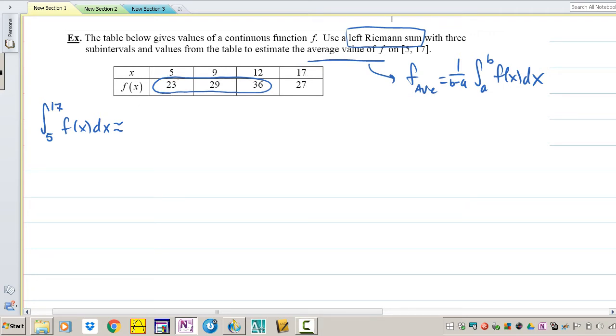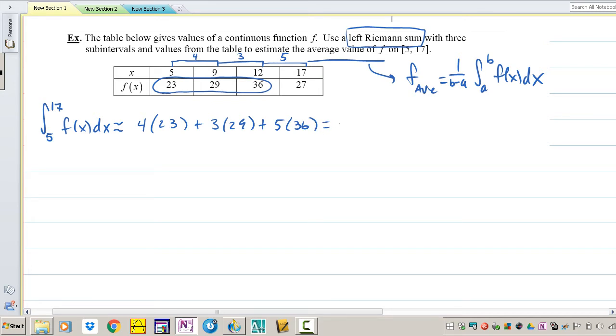So let's go ahead and find the Riemann sum. First, we need to know the bases of these rectangles. We have to use 3 subintervals, so it's from 5 to 9, which is a base 4, from 9 to 12, which is a base 3, and 12 to 17, which is a base 5. So 4 times 23, the first height, plus 3 times 29, the second height, plus 5 times 36.